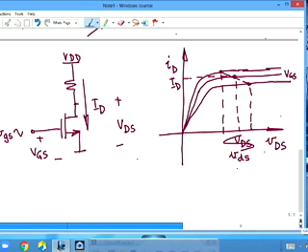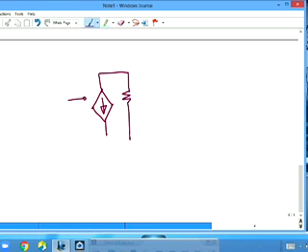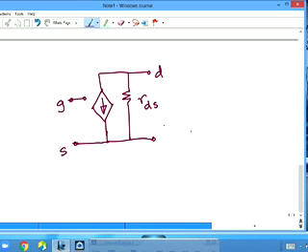And it turns out that the incremental model for the MOSFET is this. This is the incremental model for the MOSFET. So basically you replace the MOSFET with its incremental model.